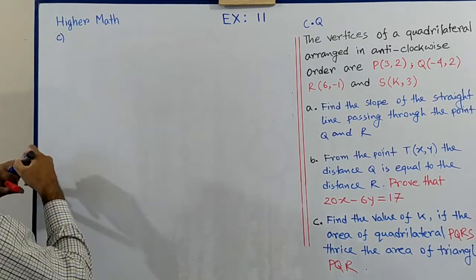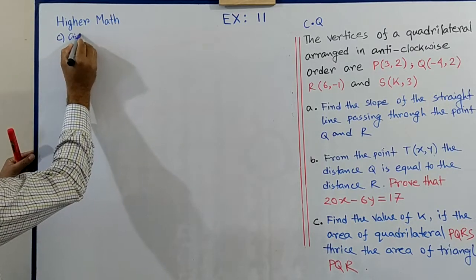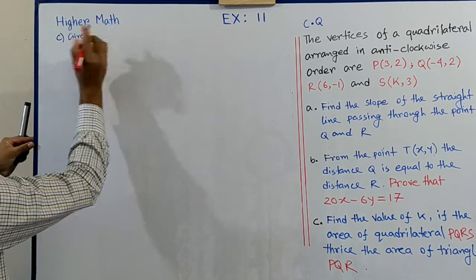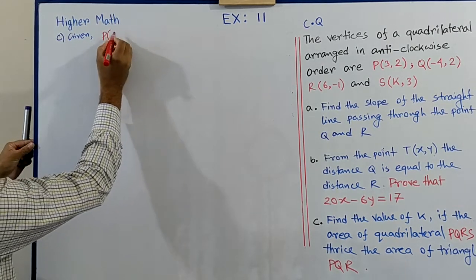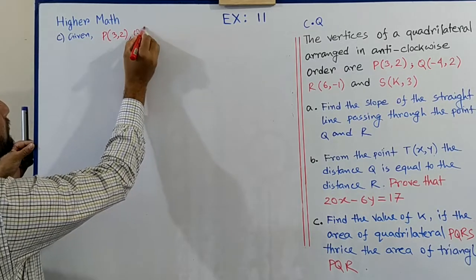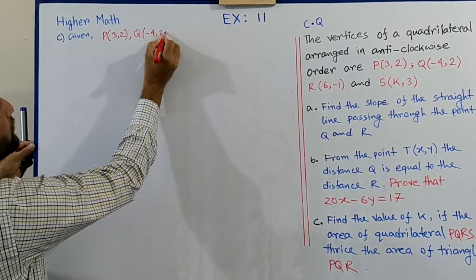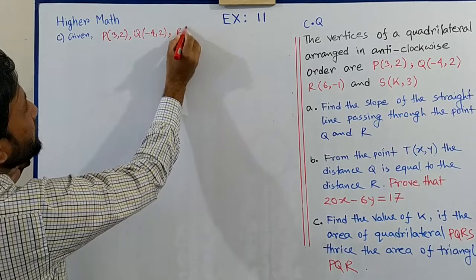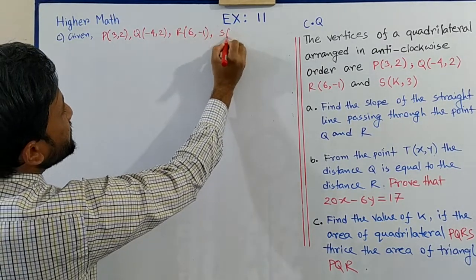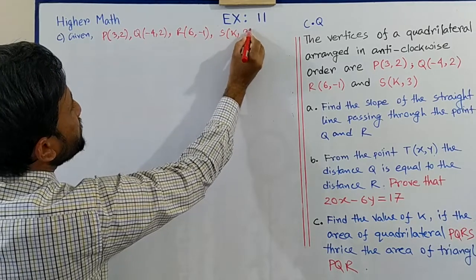See, at first write down the given part. Given all the coordinate points of PQRS: the coordinate point of P is 3, 2, coordinate point of Q is minus 4, 2, coordinate point of R is 6, minus 1, and coordinate point of S is k, 3.